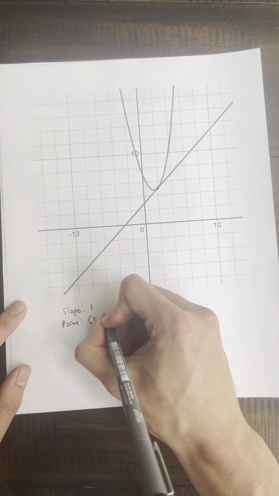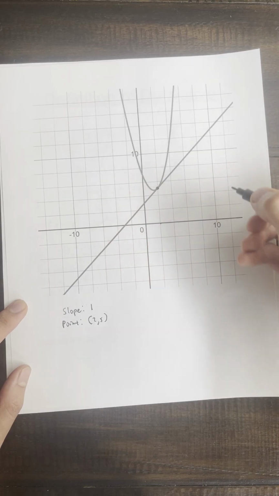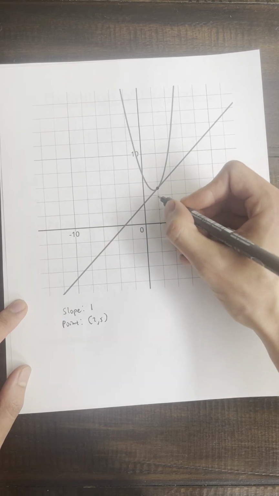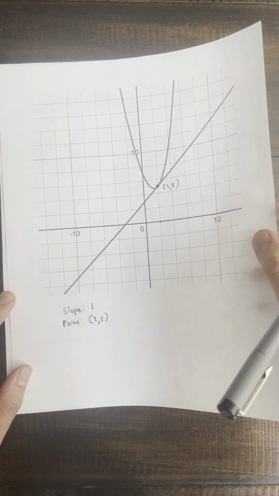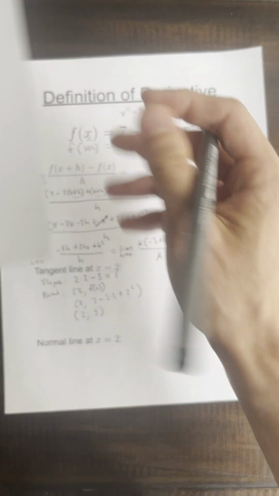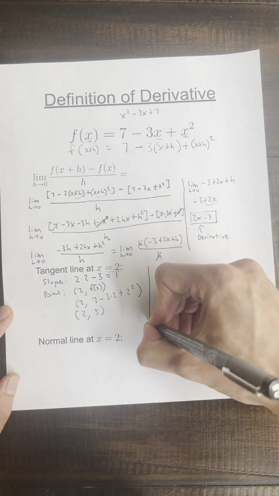So the point is (2, 5). Let's double check. So 2, and then 2, 4, 5. Okay, so that's right. Once we have the slope and a point, we're ready to find the equation for the line.